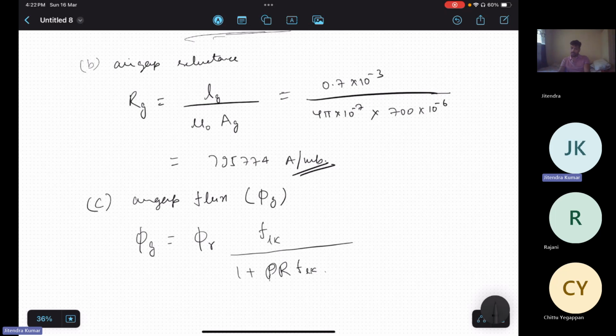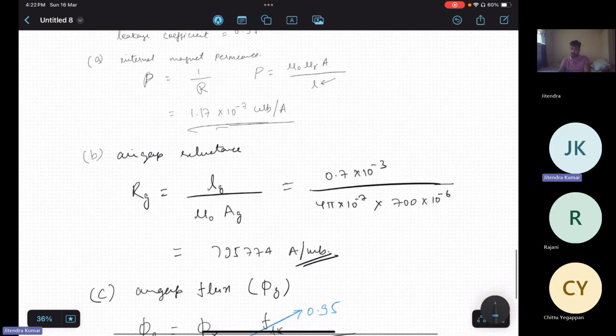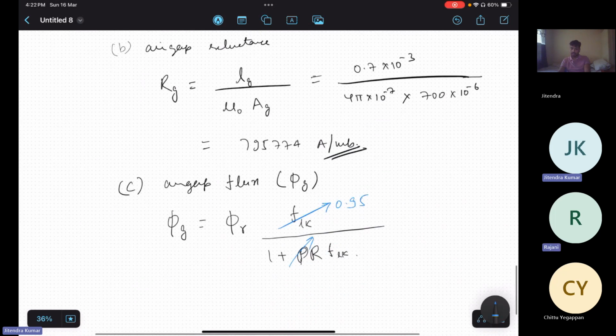Okay. So we are given leakage factor as 0.95. Permeance of magnet we have calculated as 1.17 into 10 power minus 7.